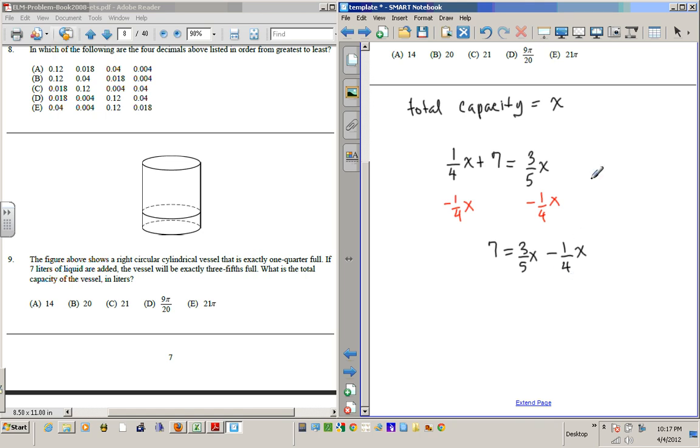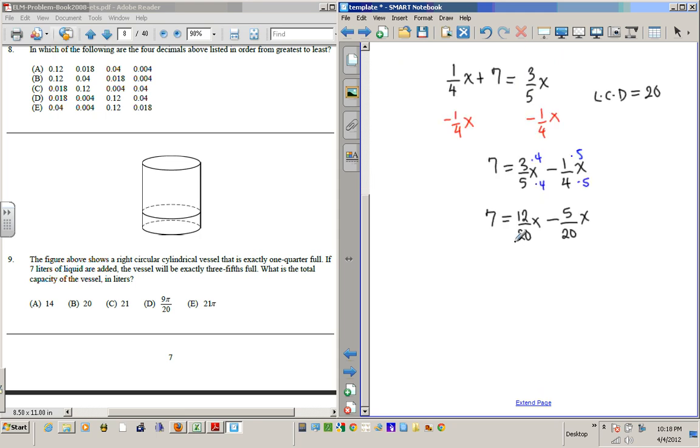Now to do this fraction, we need to find the LCD of 5 and 4. The LCD of 5 and 4 is 20, okay? So I need to make these both denominators 20. So I multiply this by 4 top and bottom, and I multiply this by 5 top and bottom. That gives me 7 equals 12/20 X minus 5/20 X. When I combine these two, I'll have 7 equals 7/20 X. You subtract the numerators and just keep the denominator.